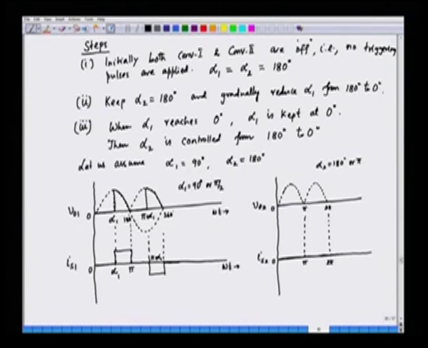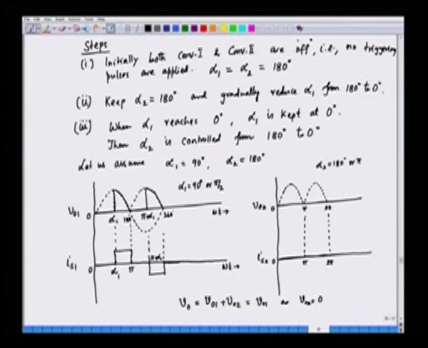And what about the total voltage? The total voltage V naught is equal to VO1 plus VO2. Now, this is same as VO1 as VO2 is equal to 0. So, we see that the second bridge is not operative here.